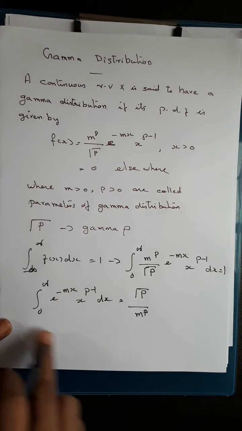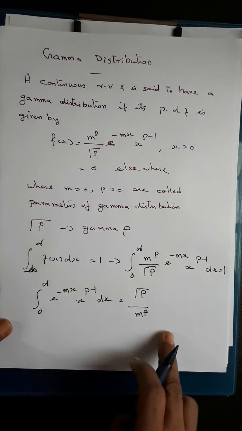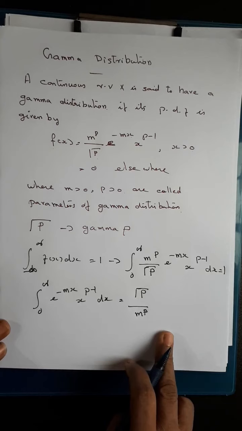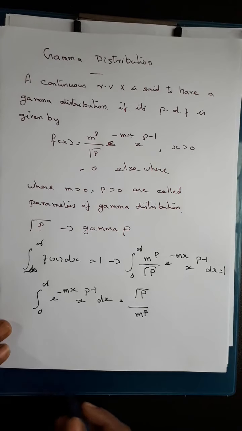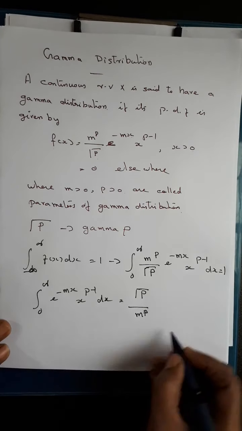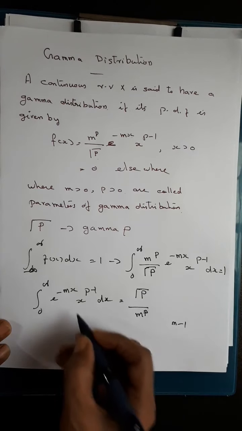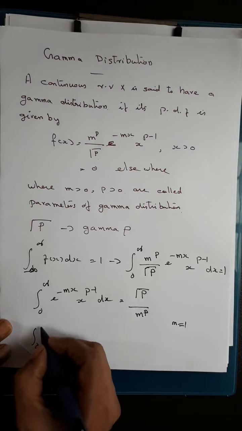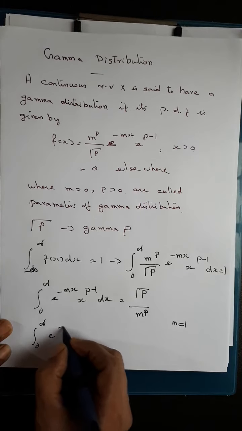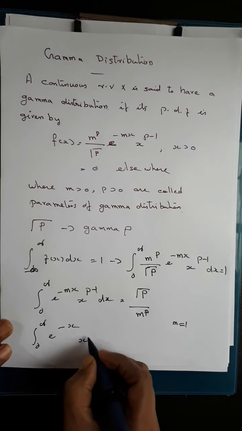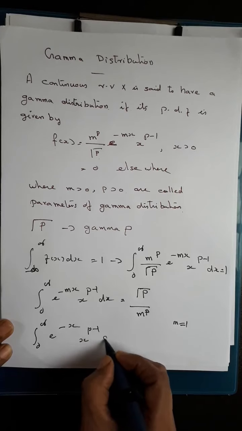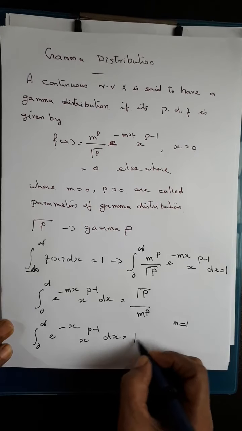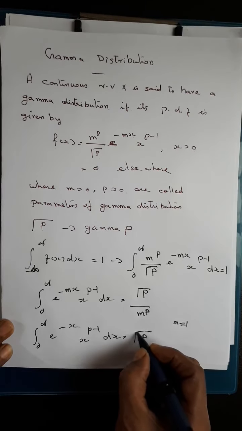This is a very important result while doing some problems. If m is equal to 1, this expression becomes integral 0 to infinity e raised to minus x x raised to p minus 1 dx is equal to gamma p.